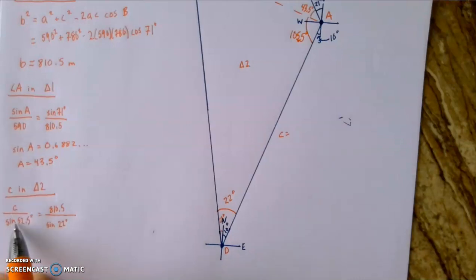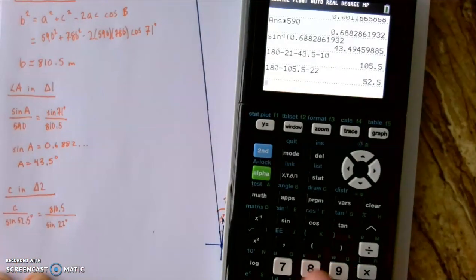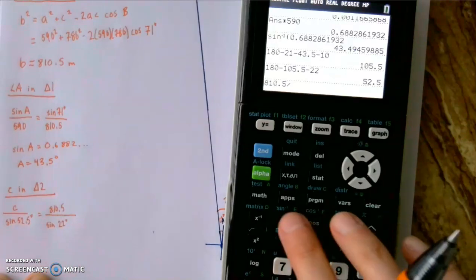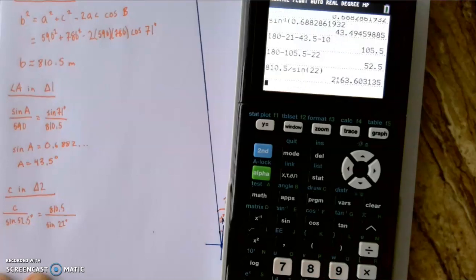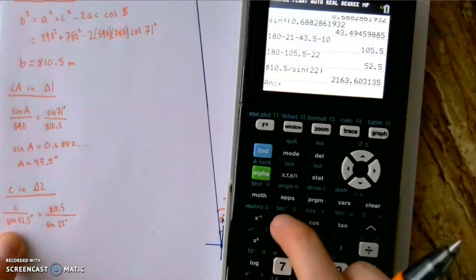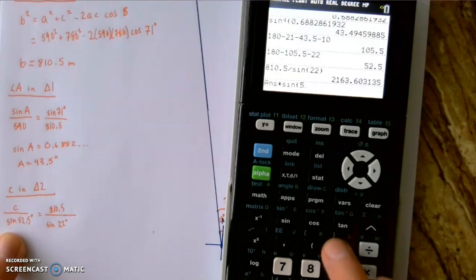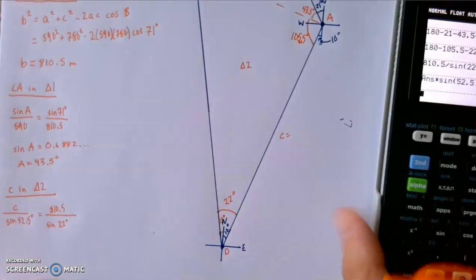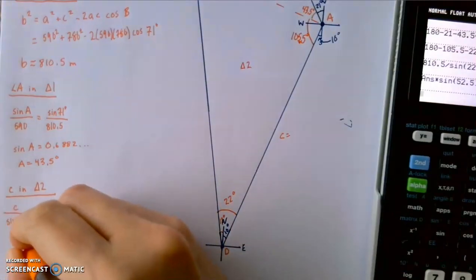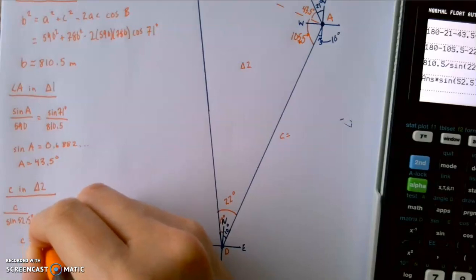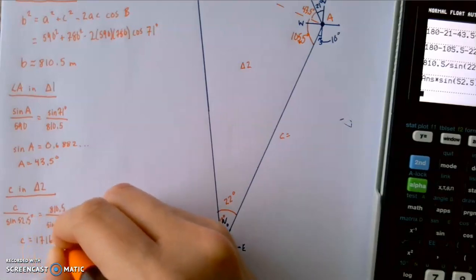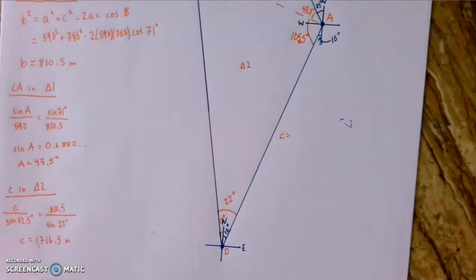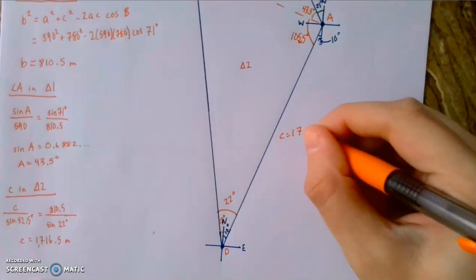And to solve for C, I will just multiply by sine of 52.5. So I'm going to plug in this fraction first, 810.5 divided by sine of 22, and then multiply by sine of 52.5. And that's going to give me for side C 1,716.5 meters. So that's what I have here.